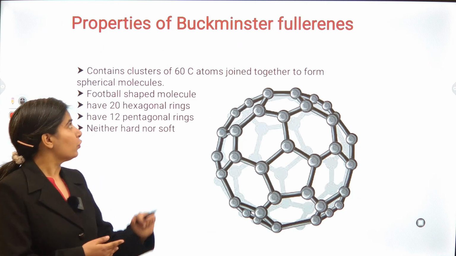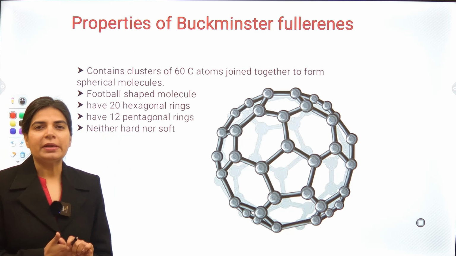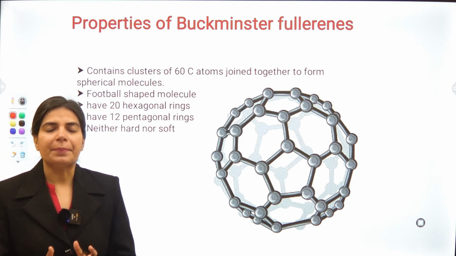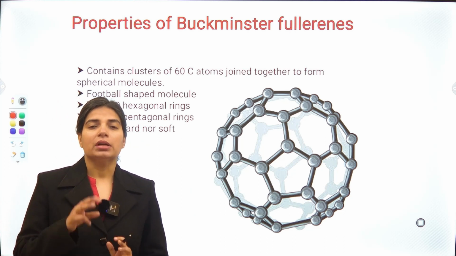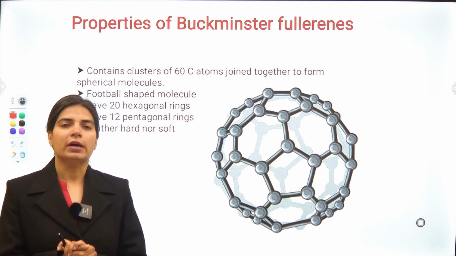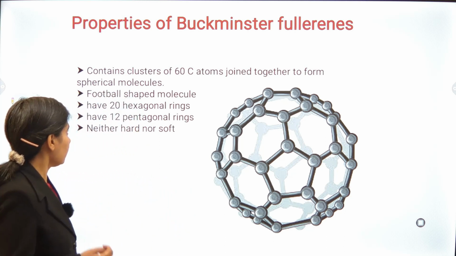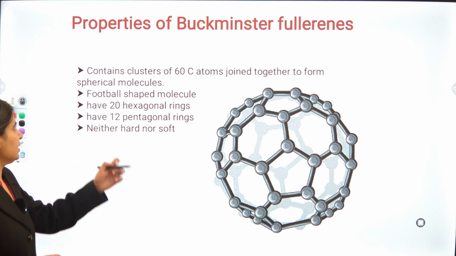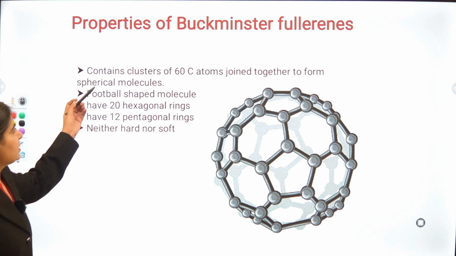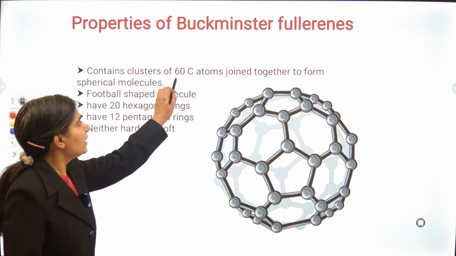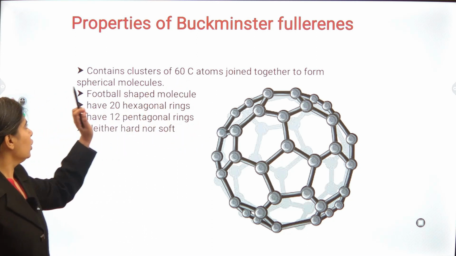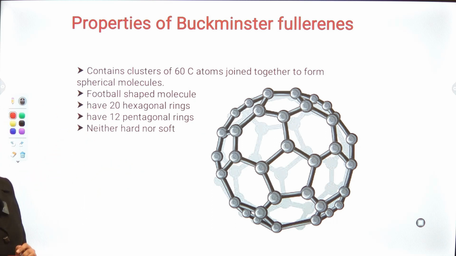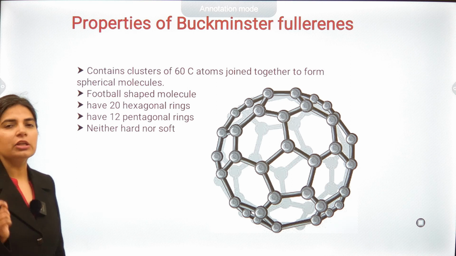Here we are going to discuss the properties of Buckminster fullerene. Fullerene is our third allotrope of carbon. The first property is fullerene contains clusters of 60 carbons joined together to form a spherical molecule. So, how many carbons are involved?